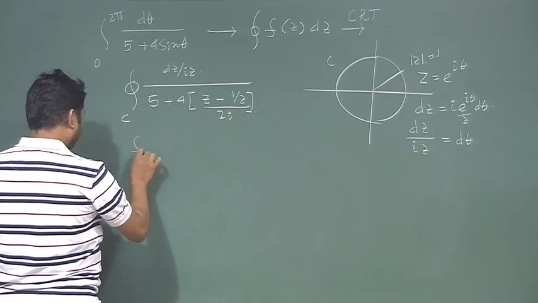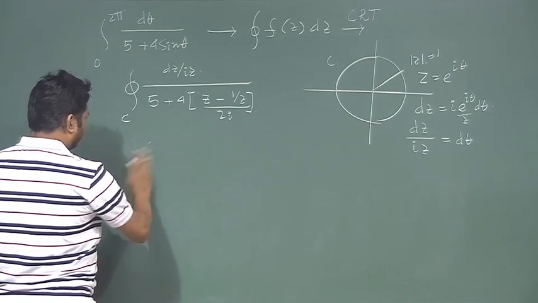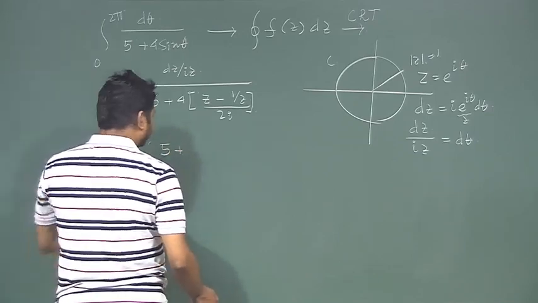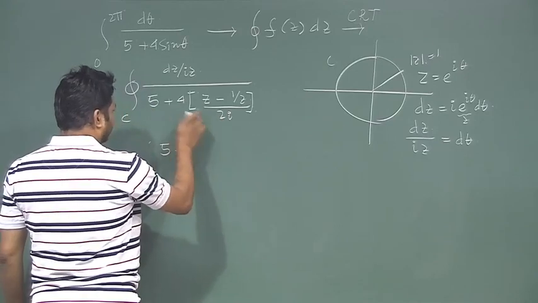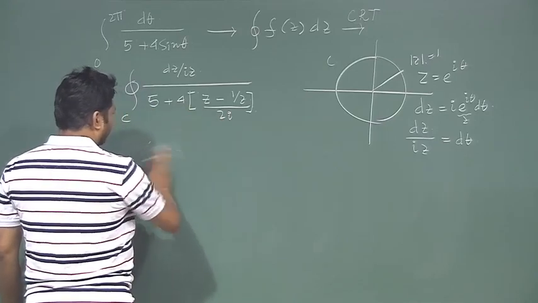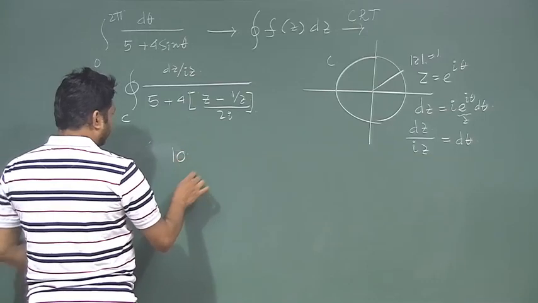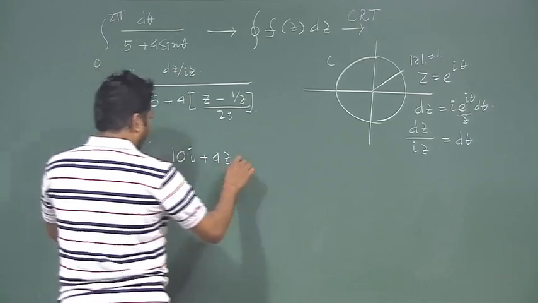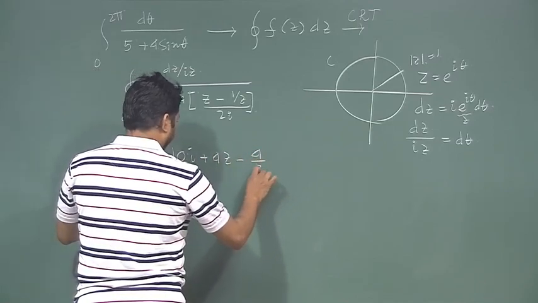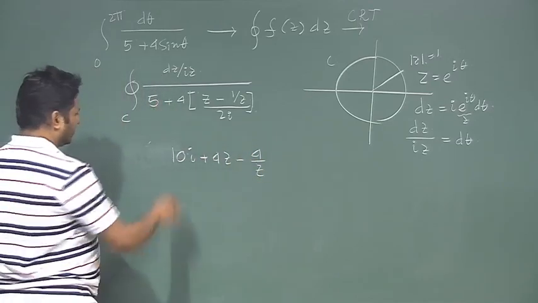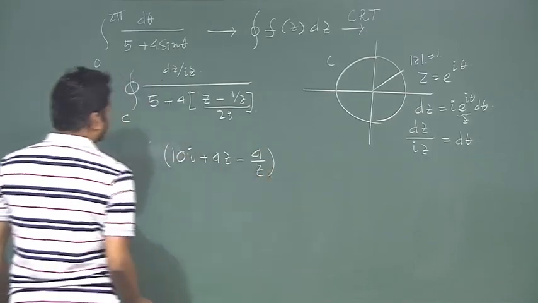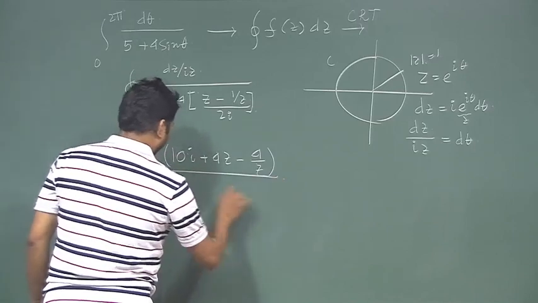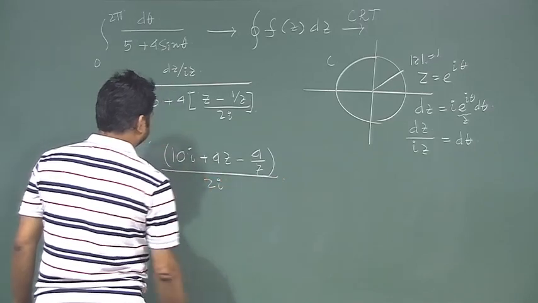My function is 5 plus this. So, I will have this as 10i plus 4z minus 4 divided by z, this portion divided by 2i.